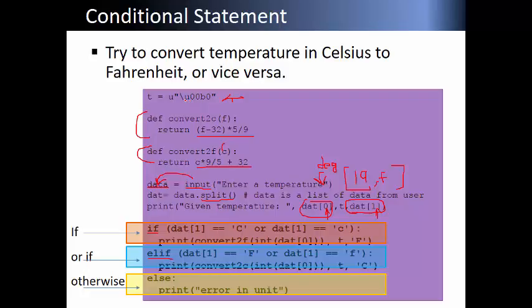T, this Unicode 00B0 means, see here, if you have 19 degrees, then usually there is a small circle and C, right? This small circle is nothing but this, 00B0. This is Unicode. This is hard coded. Whenever you want to show the small circle for temperature degree, you need to put that there. So that is T.